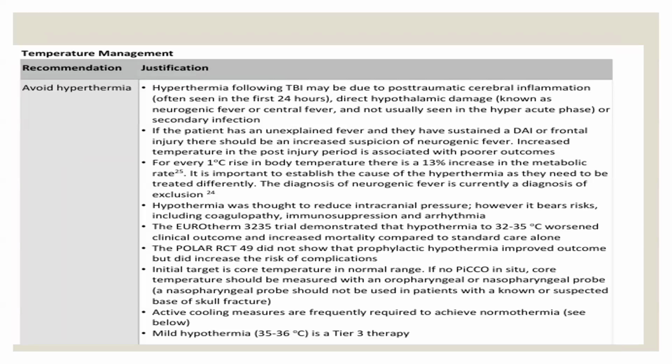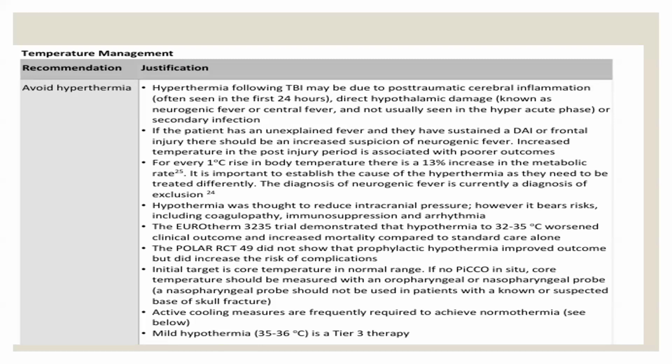So regarding temperature management, avoid hyperthermia. Hyperthermia following traumatic brain injury may be due to post-traumatic cerebral inflammation, direct hypothalamic damage, or secondary infection. If the patient has unexplained fever, they have sustained diffuse axonal injury and frontal injury, and there should be increased suspicion of neurogenic fever.